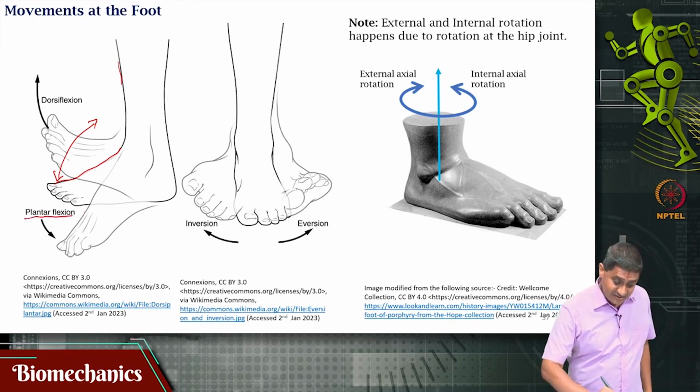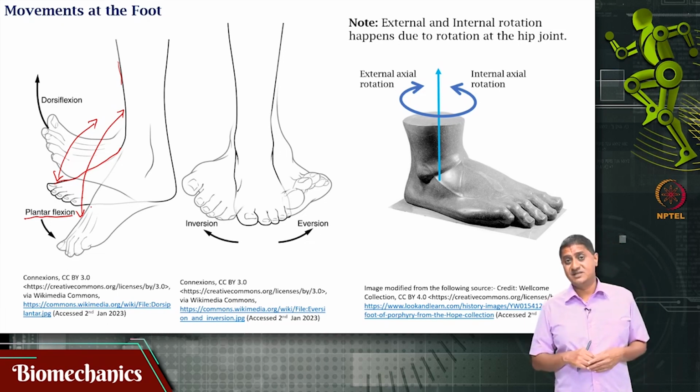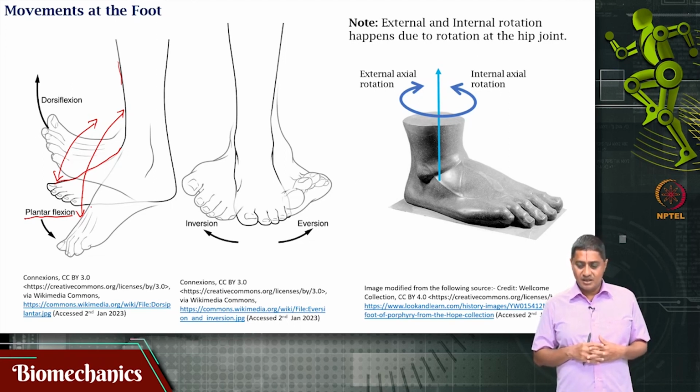In this case, the angle between the anterior side of the leg and the toes will increase, right. This is called plantar flexion. These are the only two movements that happen in the ankle joint or the talocrural joint.